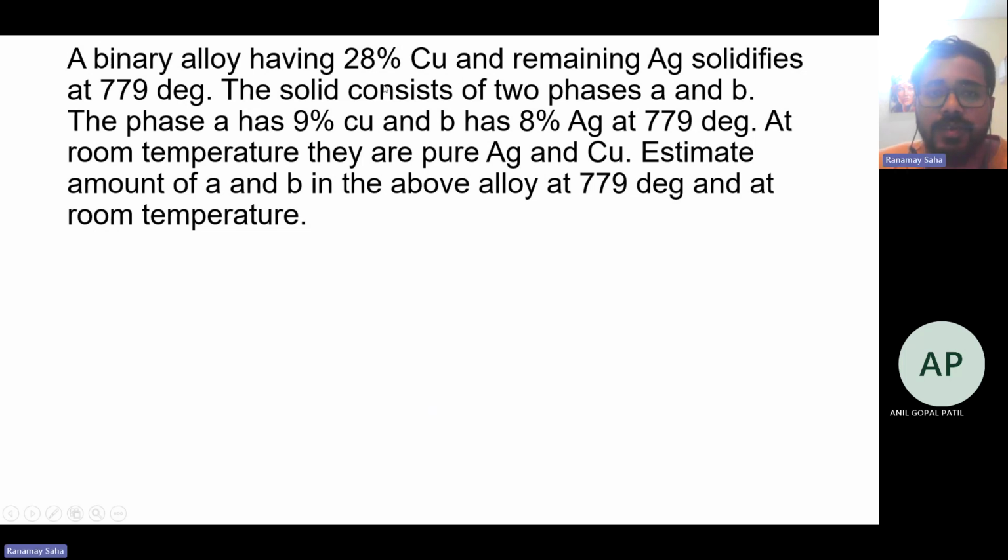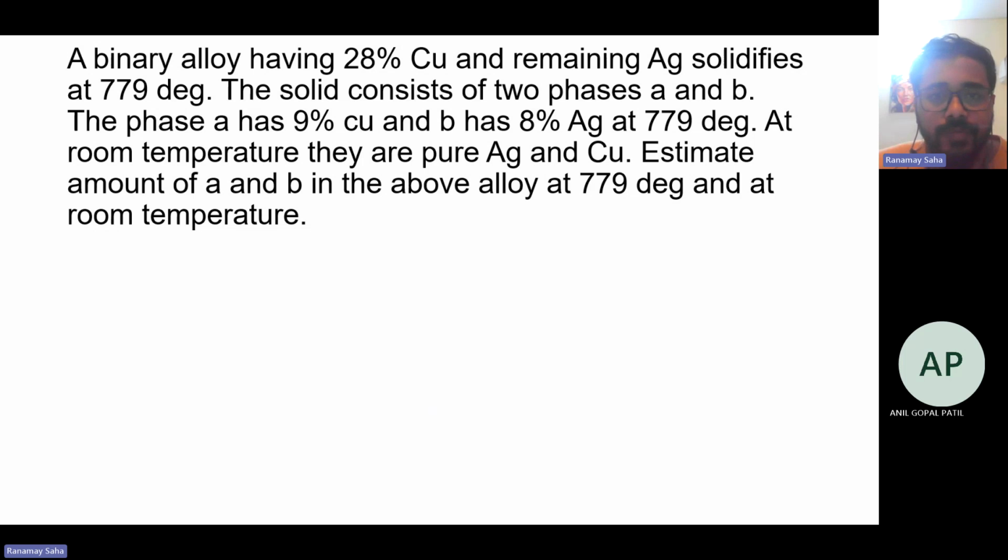The alloy consists of 28% copper and 72% silver and solidifies at 779 degrees. When phase A has 9% copper and B has 8% silver at this solidification temperature, you have to find out what amount of A and B are there in the alloy at that temperature.